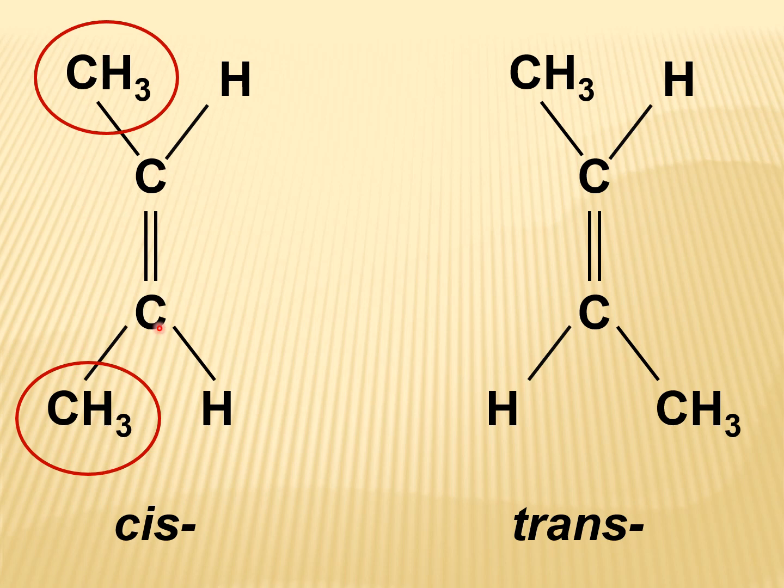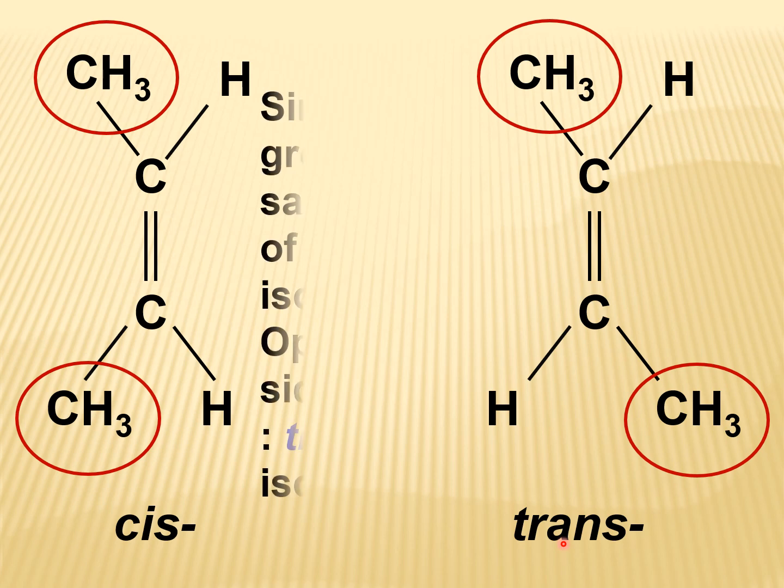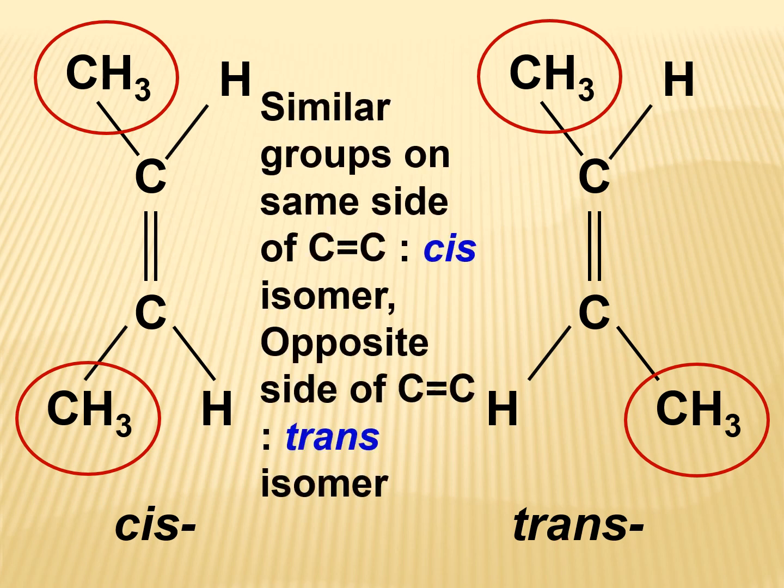They are on the same side of the double bond, and so that is called cis. Whereas here, these two methyl groups are on opposite sides, and so that is called trans. So if similar groups are on the same side of the carbon-carbon double bond, that is known as the cis isomer, and if similar groups are on opposite sides of the carbon-carbon double bond, that is called the trans isomer. It's a very simple thing.